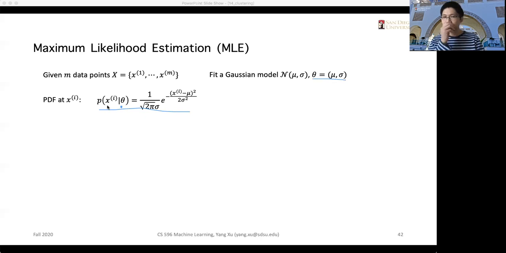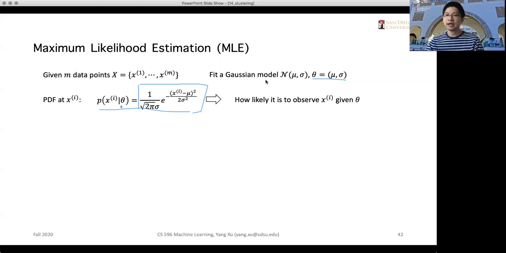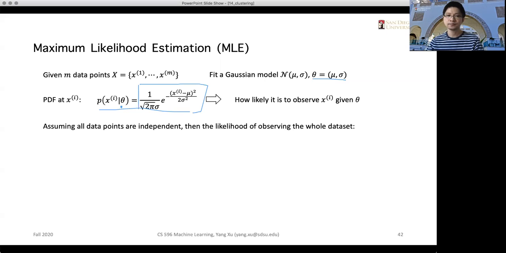So the probability density function of xi given theta is described by this mathematical formula, which is an exponential function. The meaning of it is how likely it is to observe that data point xi given the parameters theta.